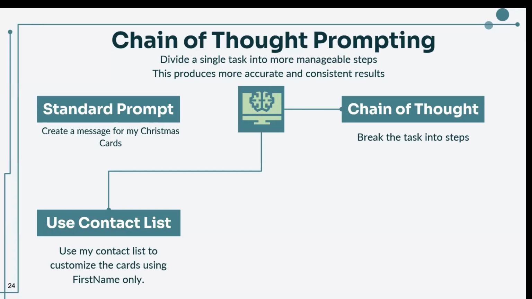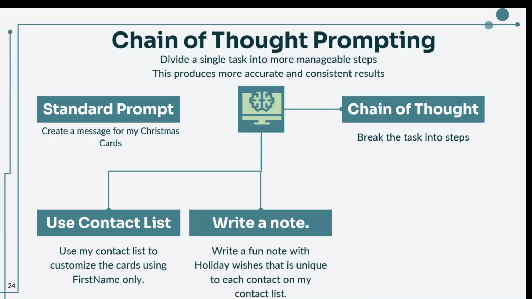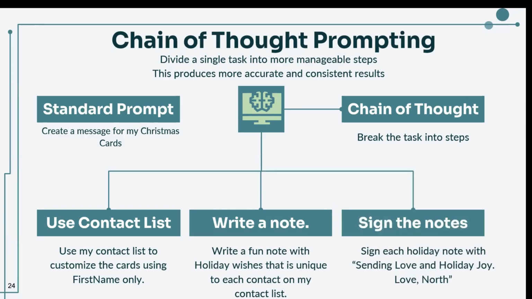So I'm going to give it a list of all my friends, all three of them, and I want it to create a message using their first name in that message. And then I want you to write a note with holiday wishes that is unique to each contact on my contacts list. Okay. And then the last line is, I want you to sign each holiday note with sending love and holiday joy, love, Noe. Okay. So chain of thought, this prompt has 4 chains. We've got the standard prompt. It's a message for my Christmas card.